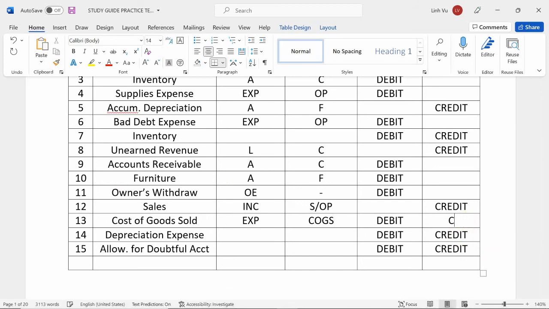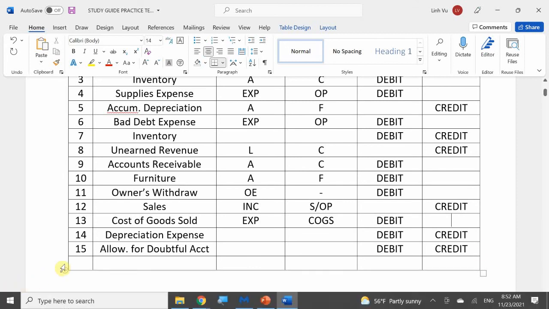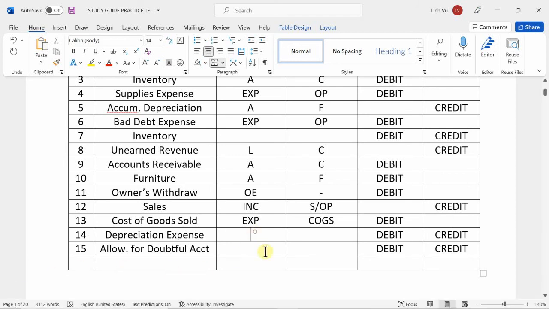Yes, good. Okay. What about depreciation expense? Expense. What kind of expense? Operating. Good. It is an operating expense, so what kind of balance would it have?